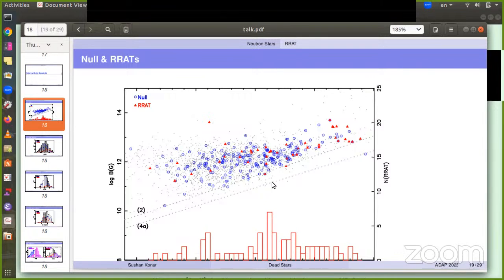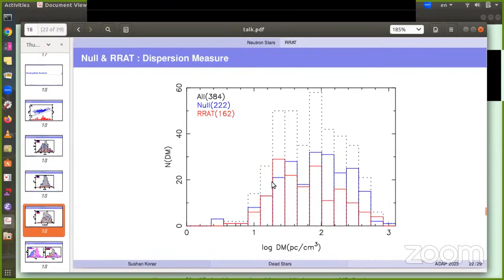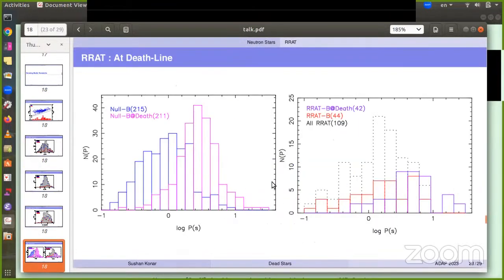Now you will ask me, why are you keeping the magnetic field constant? We are keeping the magnetic field constant because these are isolated neutron stars, and without anything else happening to them, for such neutron stars, the magnetic field doesn't really evolve. So I can assume that it will be constant. So if I do that, the blue histogram is the actual spin period histogram of the Nulling pulsars today.